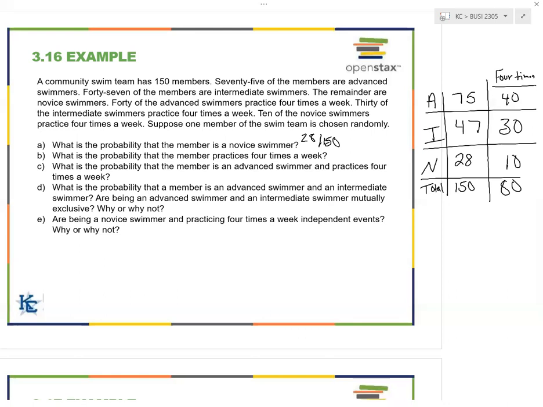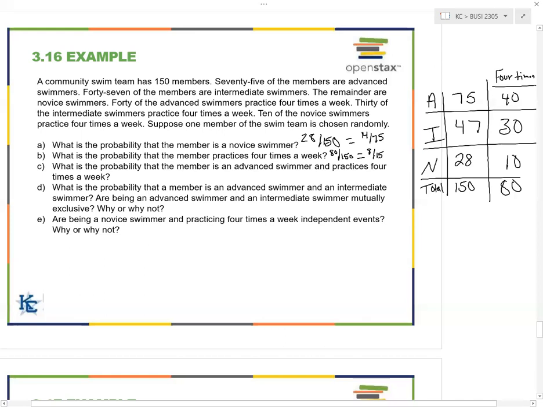So here I reduce to 14 over 75. What is the probability that the member practices 4 times a week? The total number of members who practice 4 times a week was 80 over the total number of swimmers, 150. And that reduces to 8 over 15.